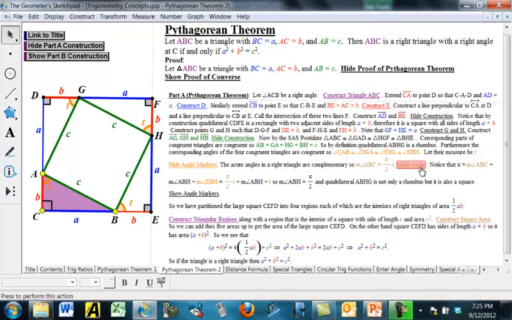Well, one thing we know about the three angles in any triangle is that their measures add up to pi radians or 180 degrees. And so we already have pi over 2 radians or 90 degrees taken up by the right angle. So that leaves pi over 2 radians or 90 degrees for these two. If this takes T, that means this one is 90 degrees minus T.